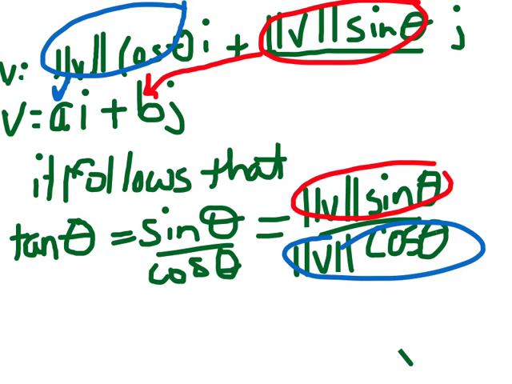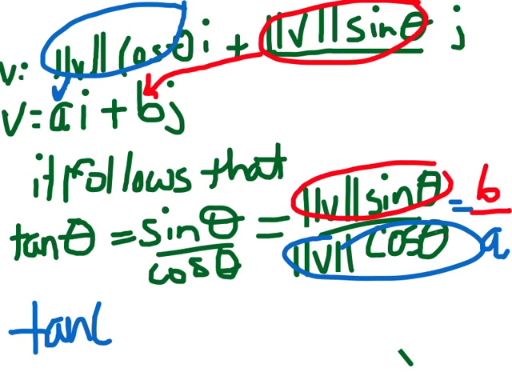And what I end up with is, remember that red was equal to b, and the blue was equal to a. So we can find the tangent by just taking the number in front of the j and putting it over the number in front of the i. So it's b over a. We can find the tangent of the angle just by pulling off those coefficients and finding it that way.